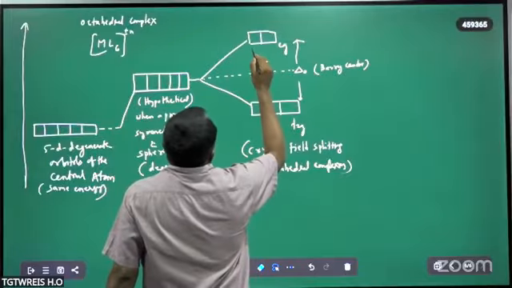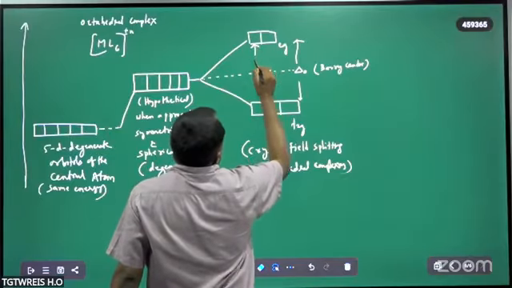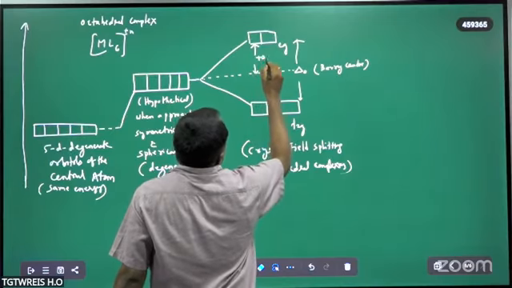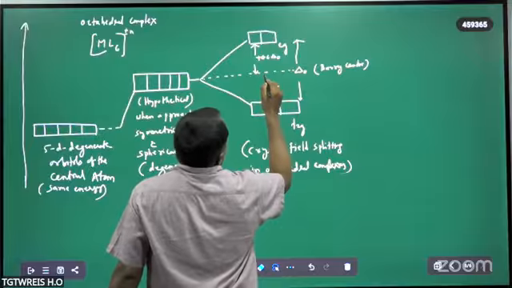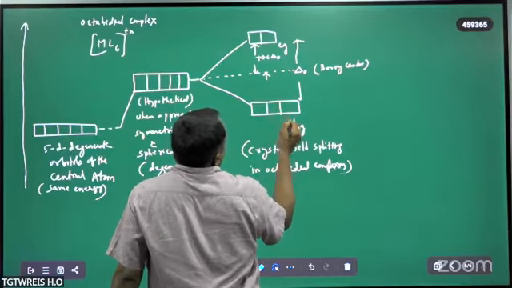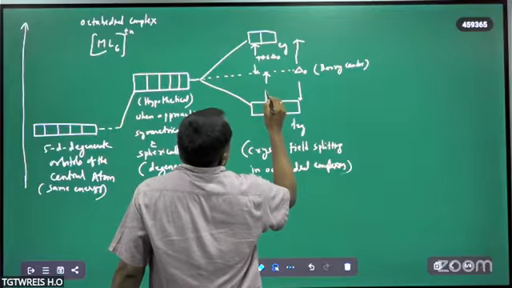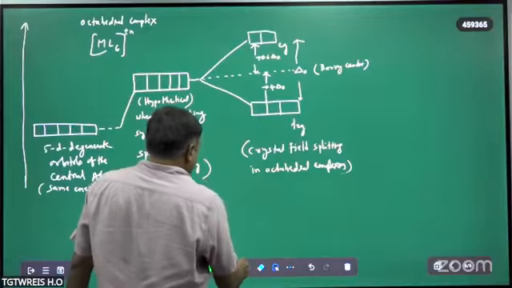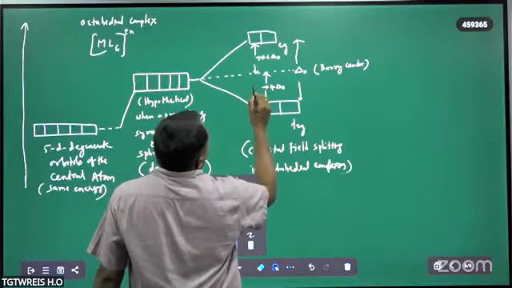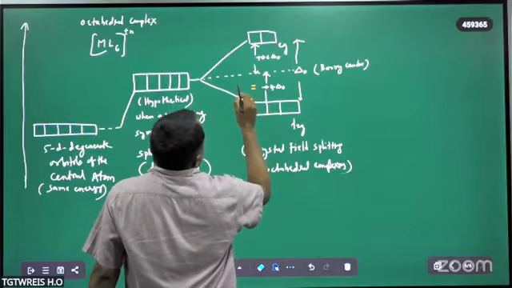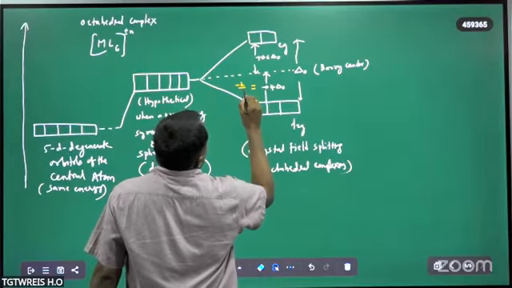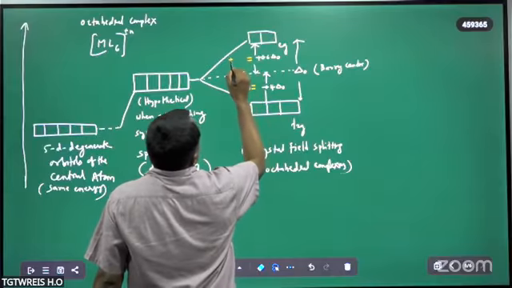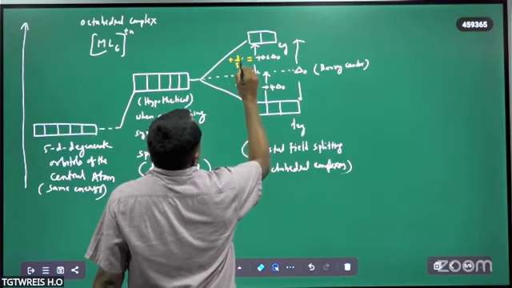The energy gap between the barycenter and the higher energy eg is plus 0.6 delta naught, or plus 3 by 5 delta naught.